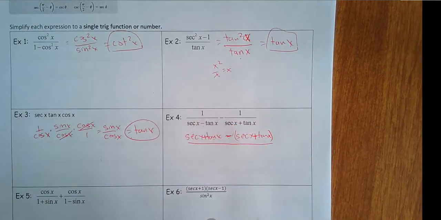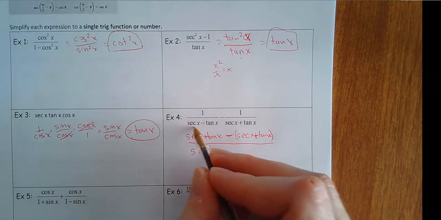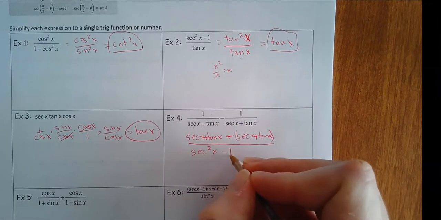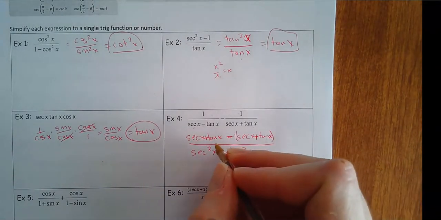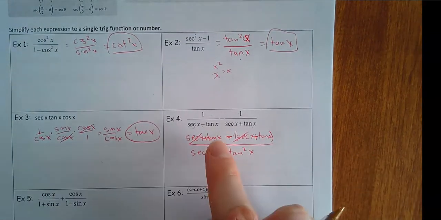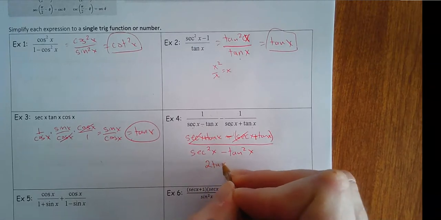When I multiply those two together, secant times secant is secant squared. The outer product and the inner product are opposites. They'll go away. And then this would be a negative tangent squared x on bottom. So looking at the top here, the secant x's would cancel out. Secant x minus secant x. Tangent x plus tangent x would be 2 tangent x.